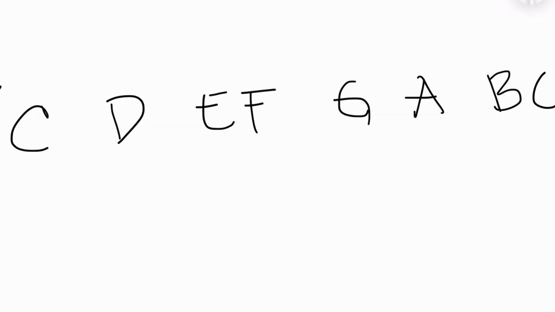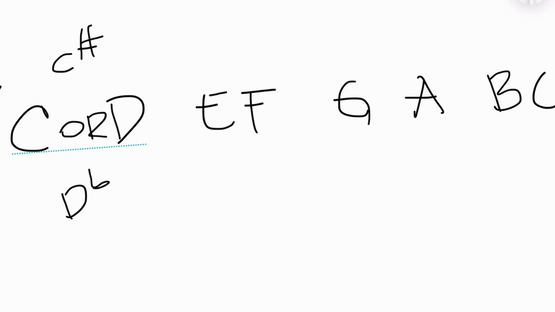As I said, sharps are going up and flats are going down. So we have C, and then we have C sharp, we went up, and then we have D flat. What happened right here is that sharps or flats are going to be the same sound, the same note, the same position, the same shape, but they're going to have two names.